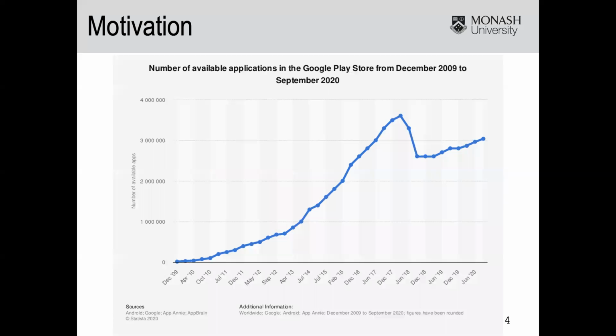And one reason contributing to such a success could be the number of available Android apps. As shown in this figure, there are over 3 million Android apps available on the official Google Play Store, and the total number is continuously increasing, except that there is a decrease at the end of 2018.